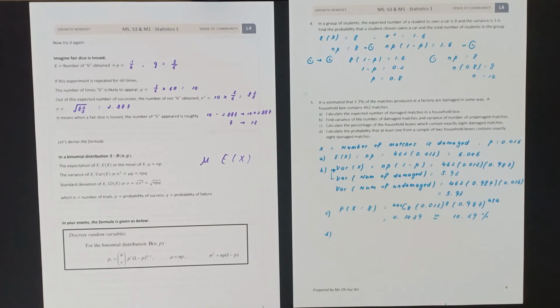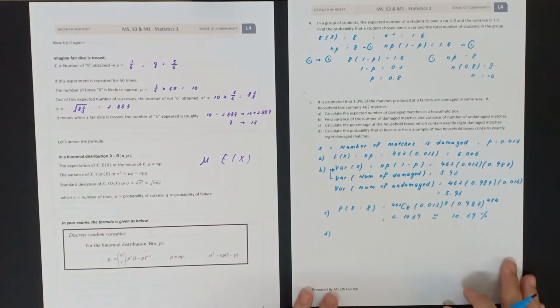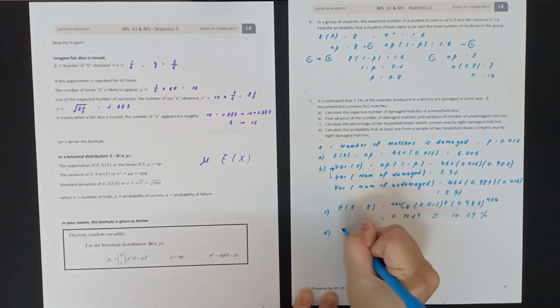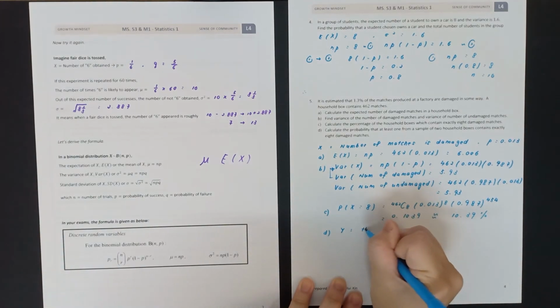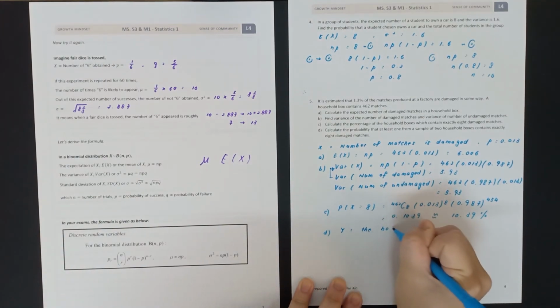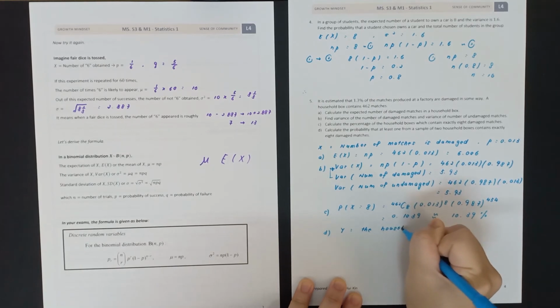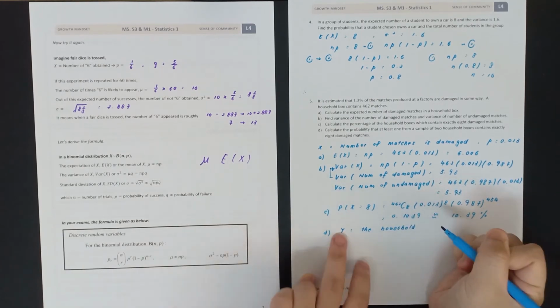So what I will try to do is assign a new random variable. I'll write Y. Basically what is my Y? My Y is the household boxes. You can see the difference between the Y and the X here.